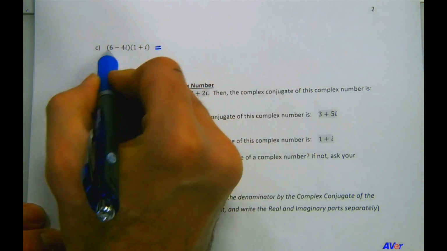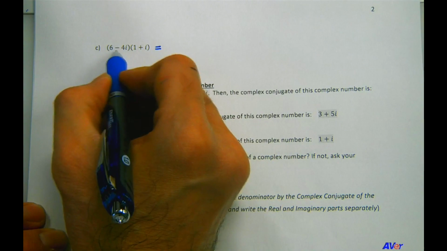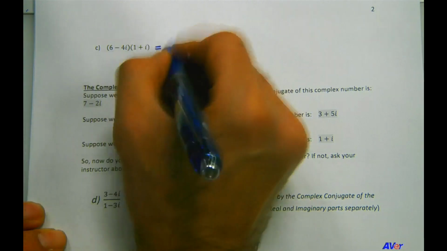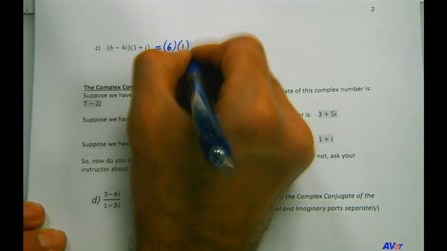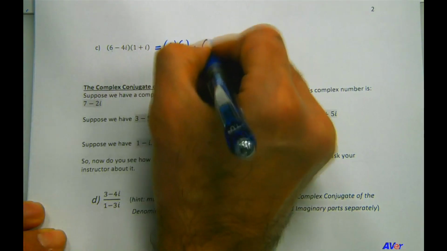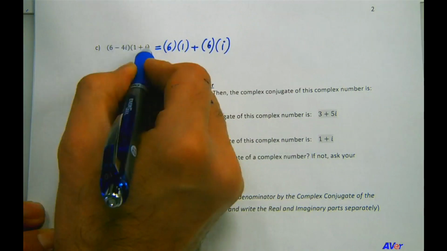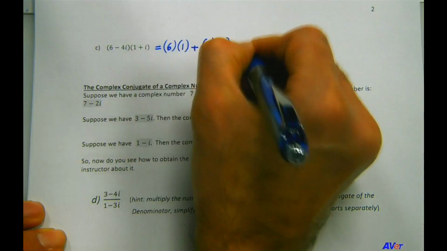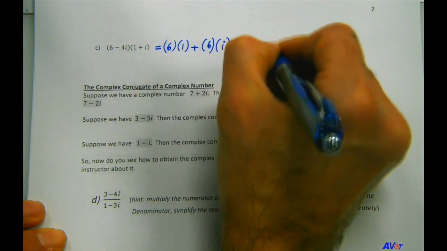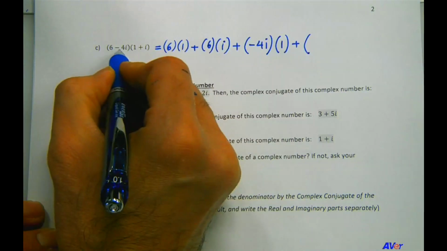So we're going to FOIL this just like we would do it even if we had real numbers. So 6 times 1 plus 6 times i. I just distributed the 6 into these two terms. Then plus minus 4i times 1 plus minus 4i times i.